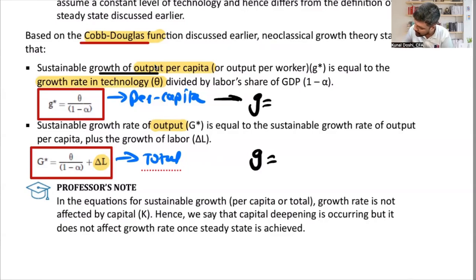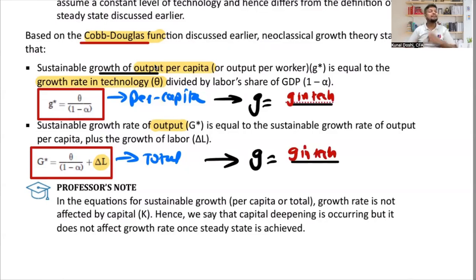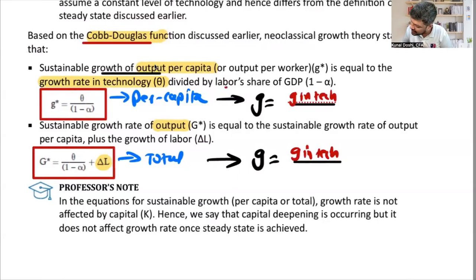Now, both are based on the growth in technology divided by 1 minus alpha. Remember, alpha is the share of capital, and 1 minus alpha is the share of labor. So dividing by 1 minus alpha means dividing by the labor share in the GDP. In both cases, I divide by 1 minus alpha.